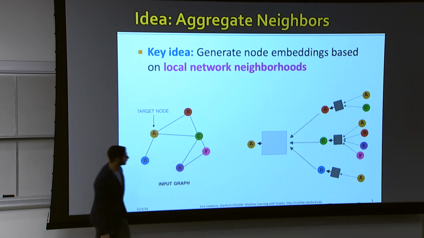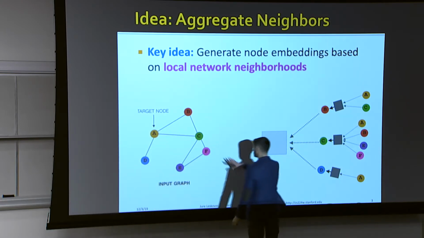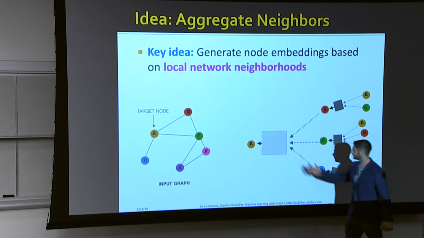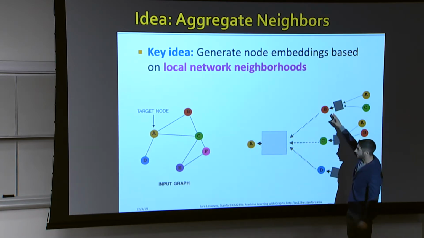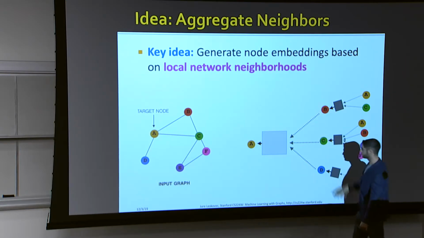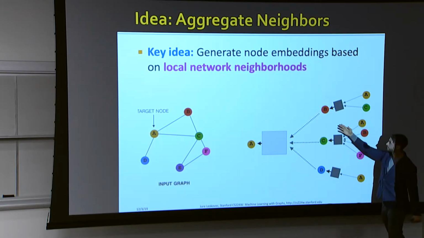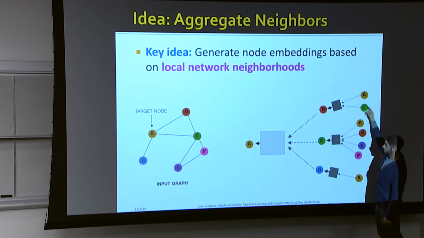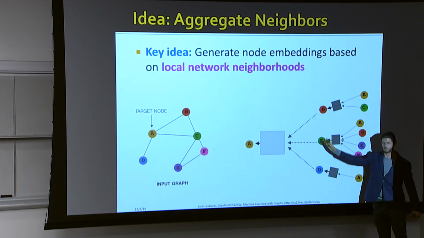So the idea is that we move from this graph representation to something that we call the computation graph. We say, okay, what are the neighbors of A? B, C, and D. And then these three neighbors will pass messages over to A. So they will pass their features, their information, their topological structure. And we are going to do the same for B, C, and D. So we take these nodes and we aggregate over their neighbors, and we pass these messages all the way through.